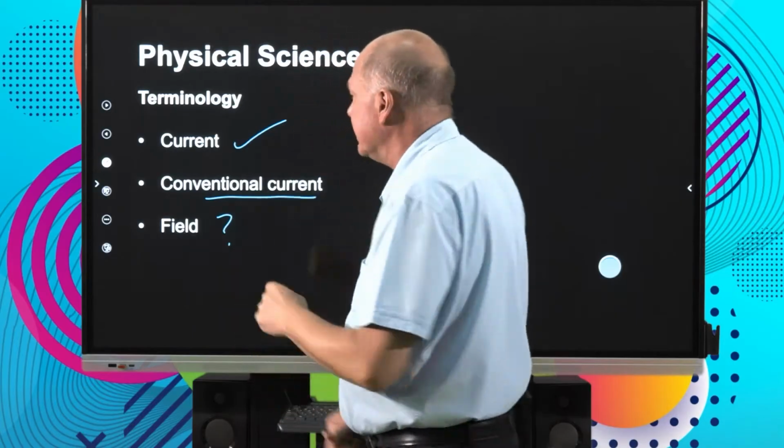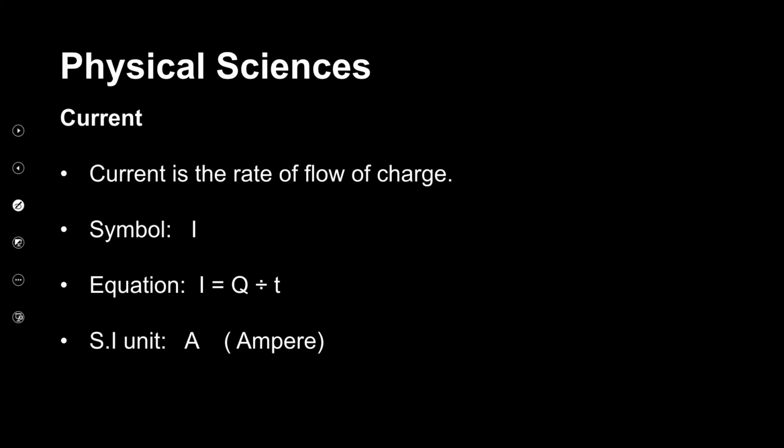So let's jump straight into it, and let's focus for the moment on current. Think about all the formulae and think about the units as we revise these ideas as we look at this topic of electromagnetism. So we go to current and we recognize that current is the rate of flow of charge. It's a movement of charge.